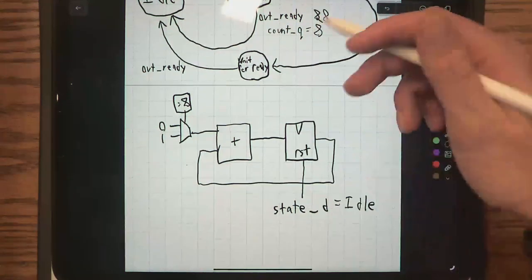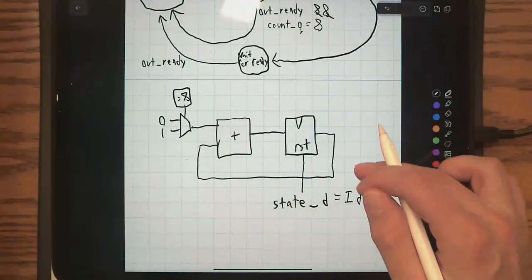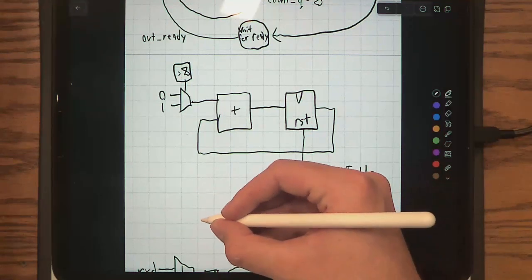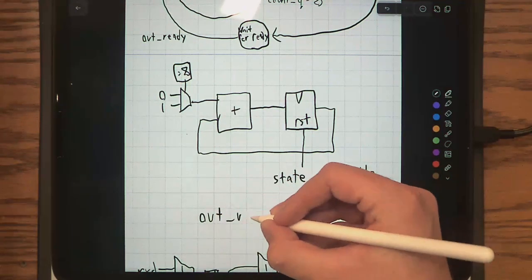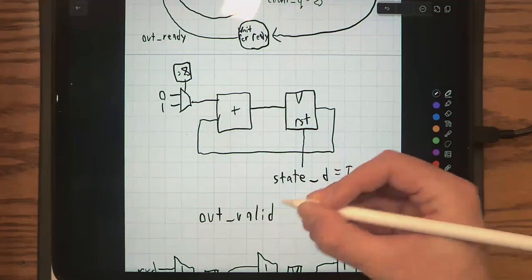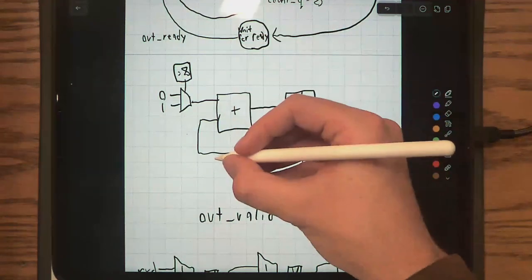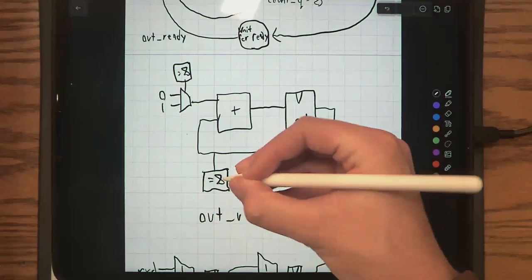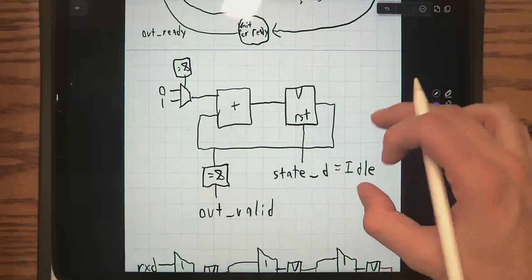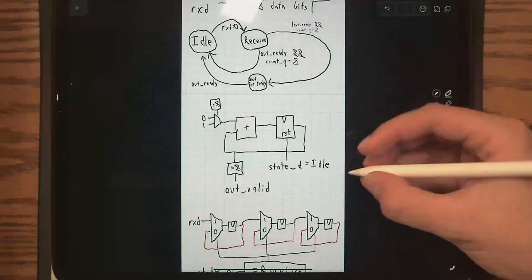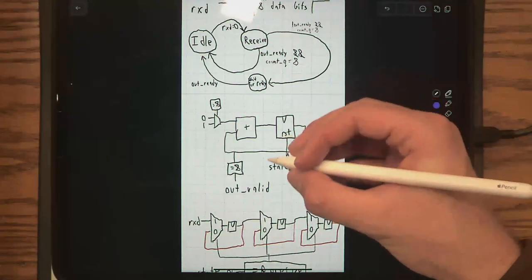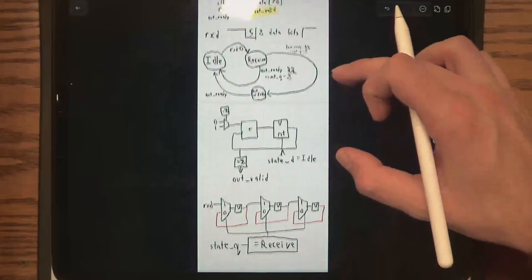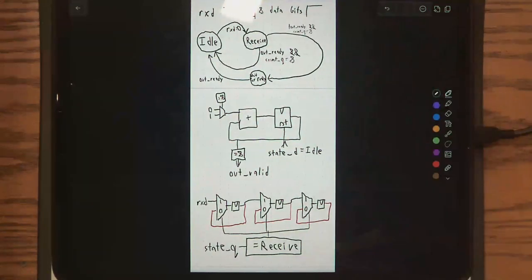But then also we can drive out valid whenever this equals 8. And with this, we've now kind of completed the question.